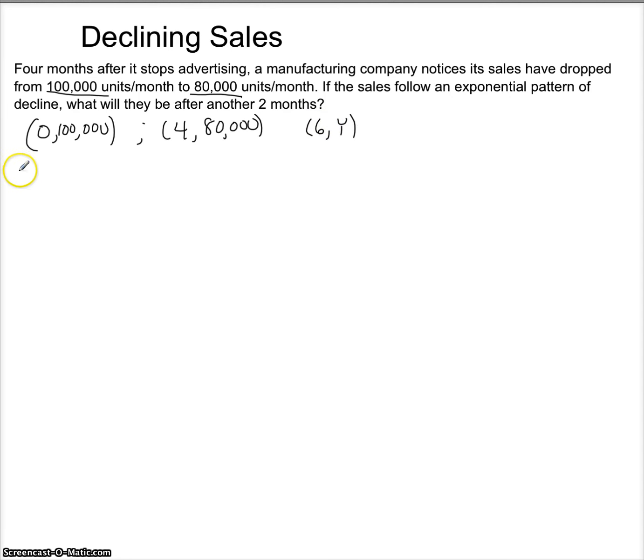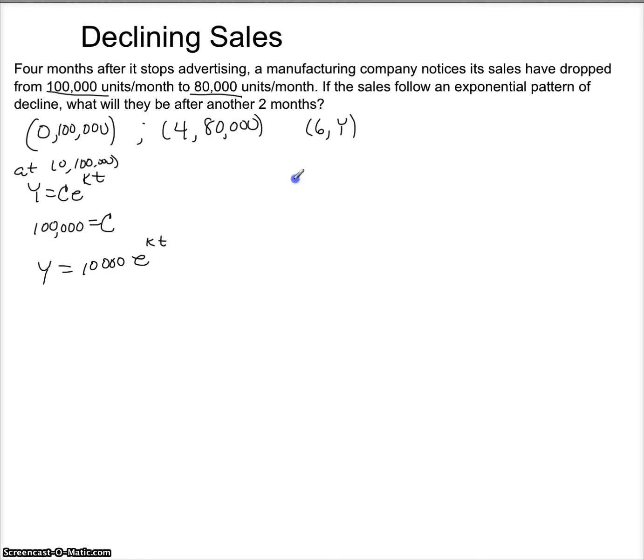So it follows exponential, so I know y is equal to c e to the kt. Start with your first point. So 100,000 is equal to c. I can rewrite this formula using (0, 100,000): y is equal to 100,000 e to the kt.